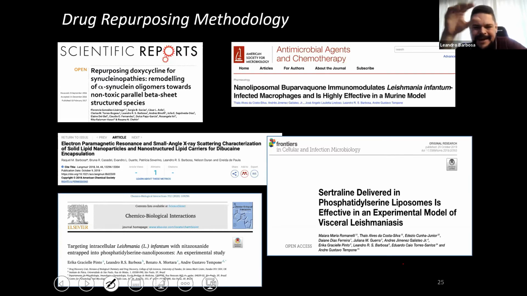The main idea here is to use some well-known drug to treat some kind of disease that this drug was not originally intended for. Here I show you some of our contributions in this area. This particular one regards proteins, so I will not talk about that. But this one here is very nice. I will say something about it in a while.